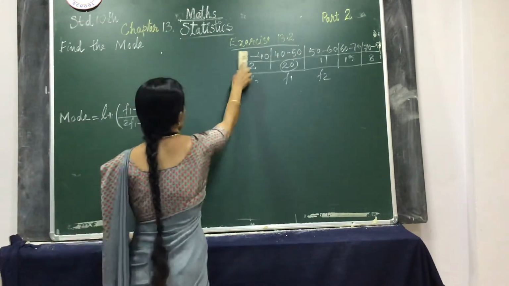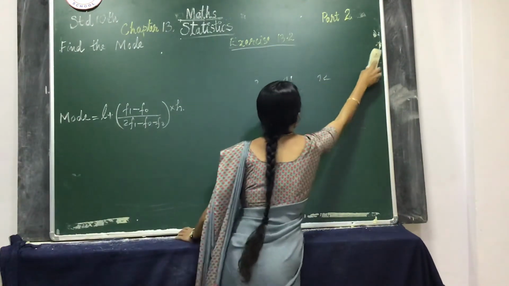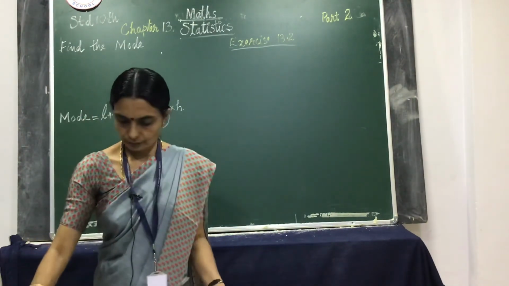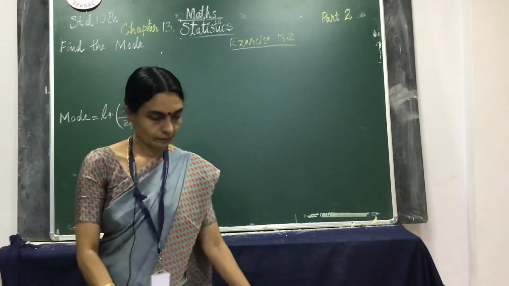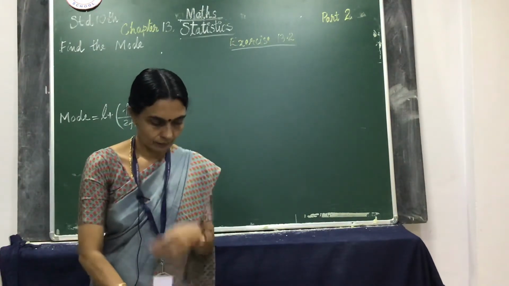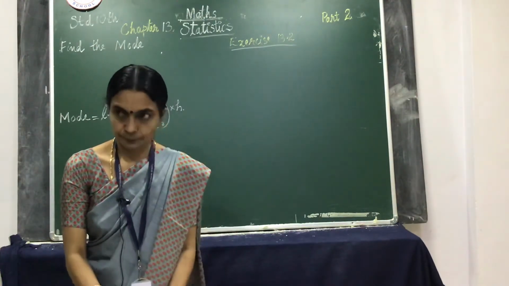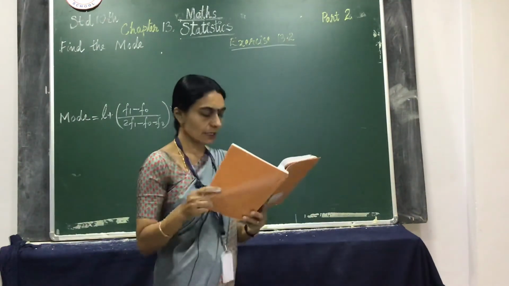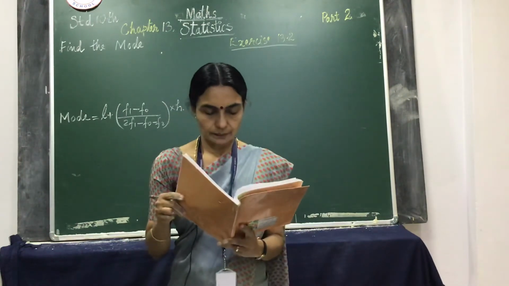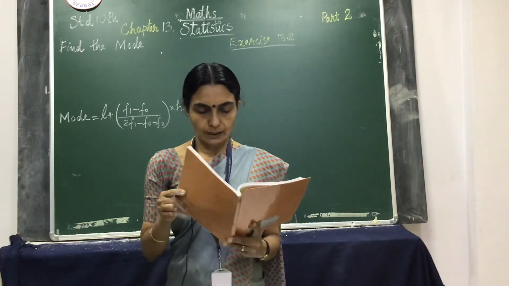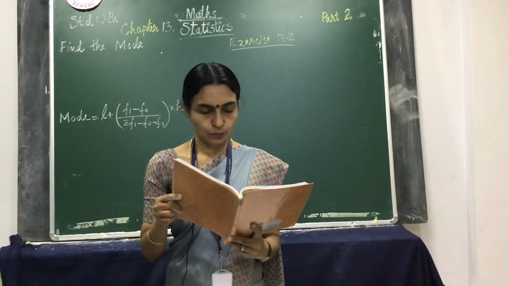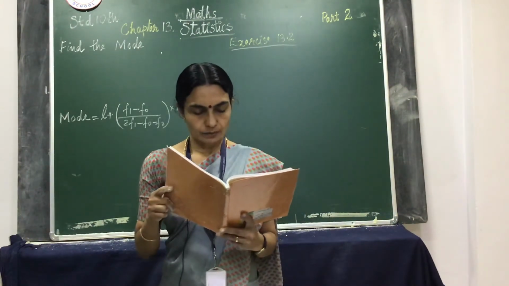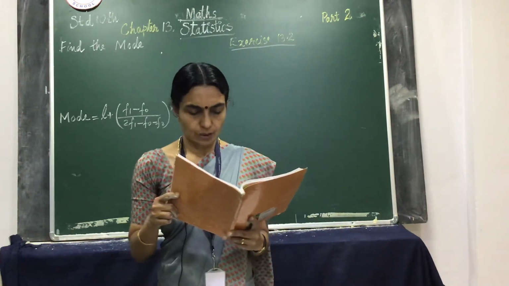Now the fourth question. The following data gives the distribution of total monthly household expenditure of 200 families of a village. Find the modal monthly expenditure of the families.